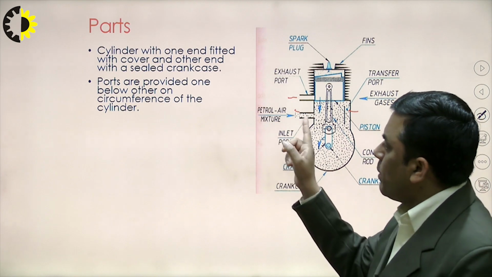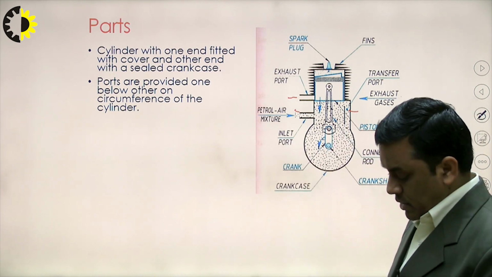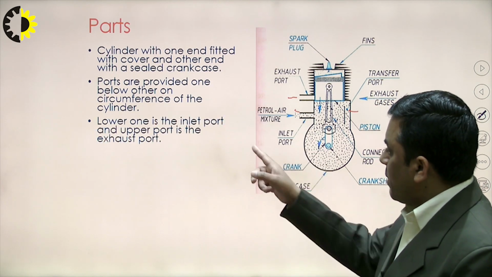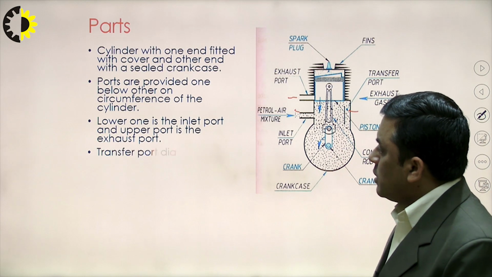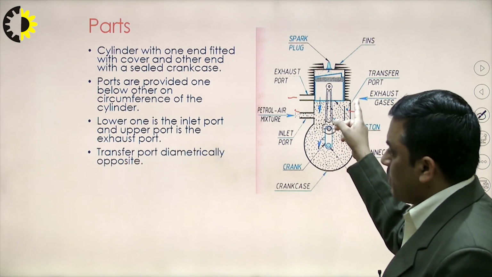Ports are provided one below the other on the circumference of the cylinder. The lower one is the inlet port, the upper one is the exhaust port. The transfer port is diametrically opposite. So here is the transfer port.